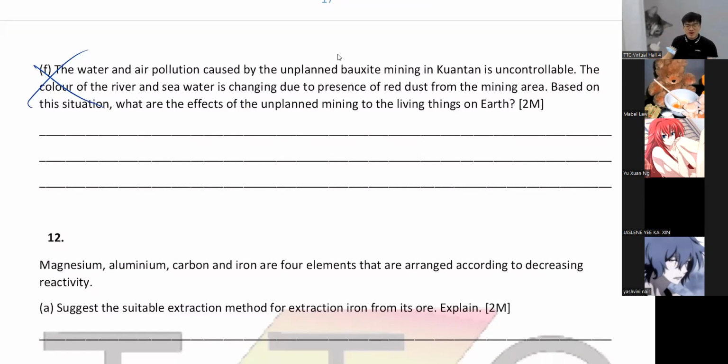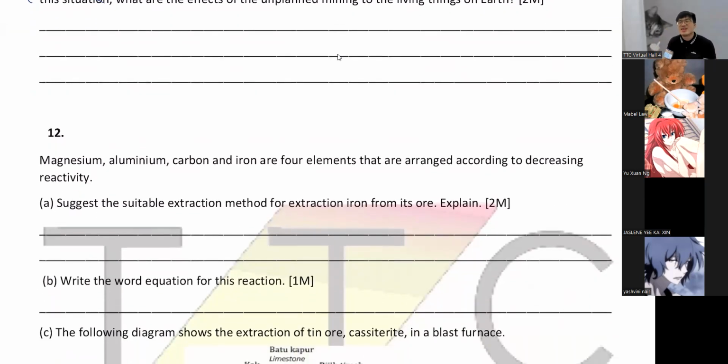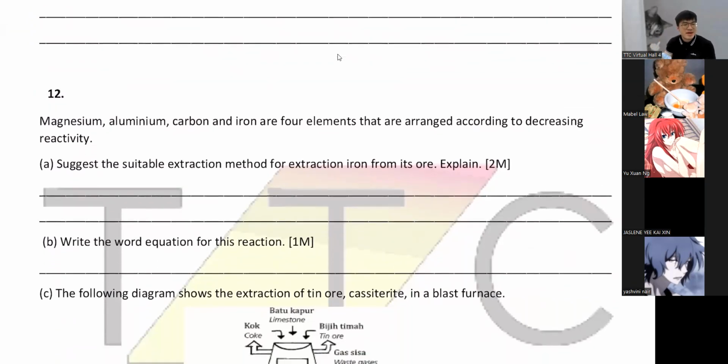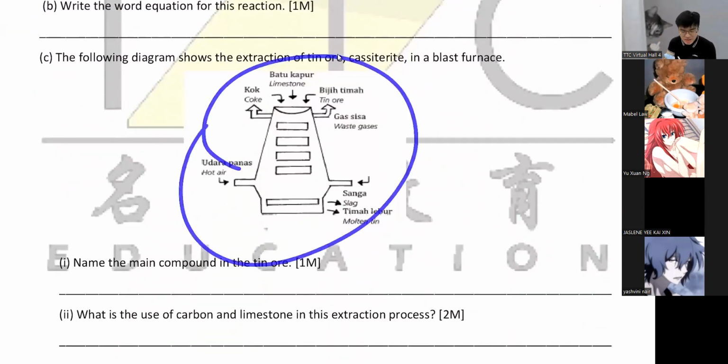You go and refer to your geography textbook. I'm not going to mention here. So many things. Okay, kepupusan flora dan fauna. Okay, kemusnahan habitat. If you want me to repeat this for you, I'm gonna slap you seriously. All right. Anyway, question 12 we skip also because it's the same question again.